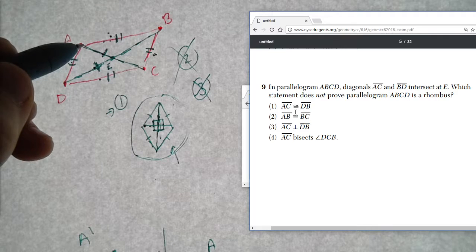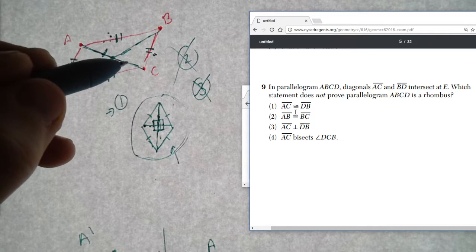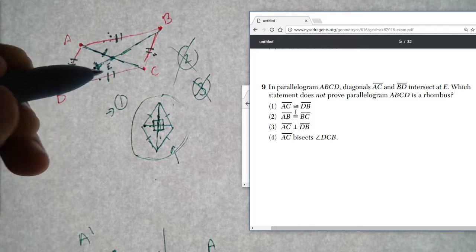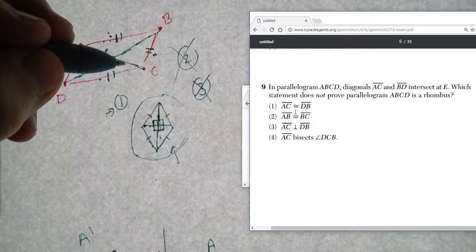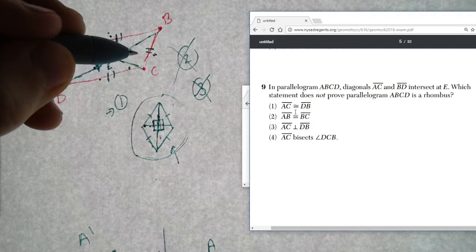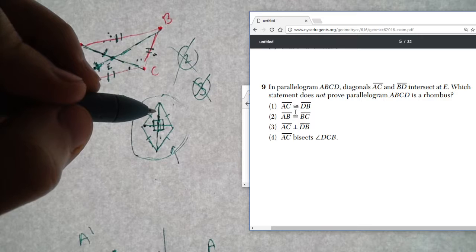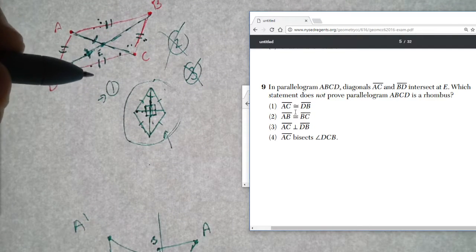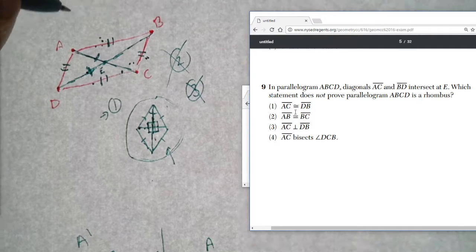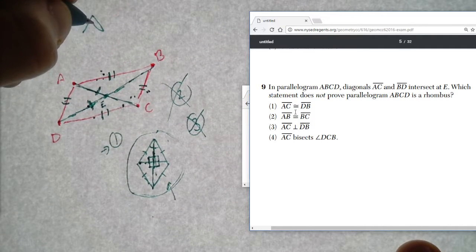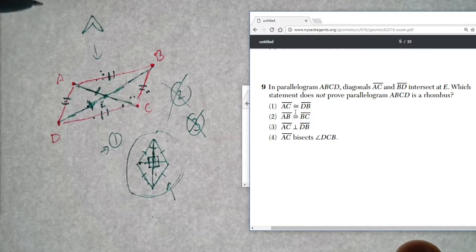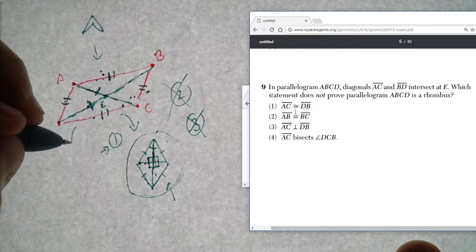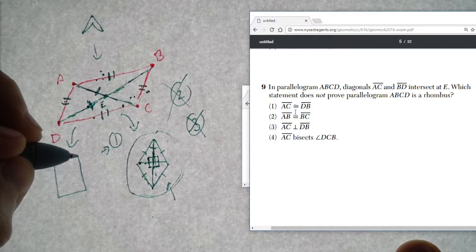Line segment AC bisects DCB. So that means my diagonal is bisecting one of the angles. If you look in a parallelogram, that's not true. This side looks a little bit smaller than this side. In a rhombus, that sure looks true. If I start to draw out my quadrilateral family, where I have some weird old quadrilateral grandpa up here and its children are parallelograms and everything else, parallelograms kind of split out into rectangle and rhombus.